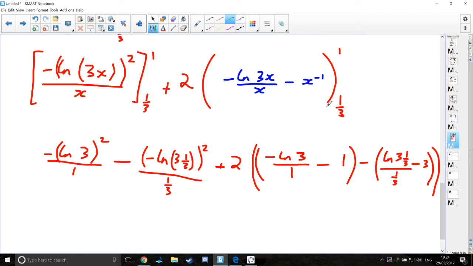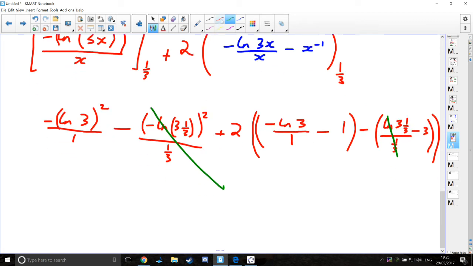So let's start cancelling some things off. So first off, 3 times the third is 1. Ln of 1 is 0, so that gets obliterated. Oh, so glad to see that go. Same thing happens here. That bit gets obliterated as well. And then we can start tidying this up a bit more.